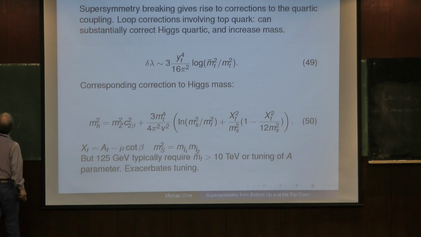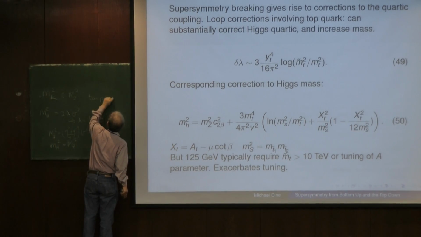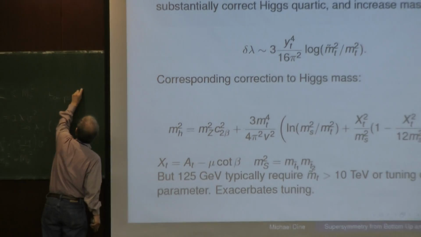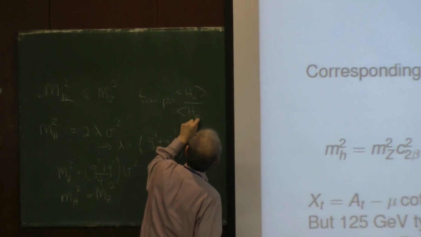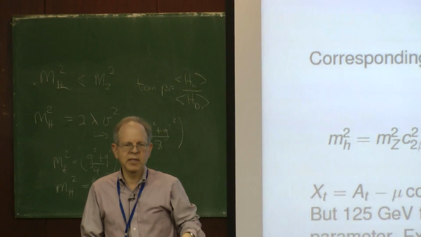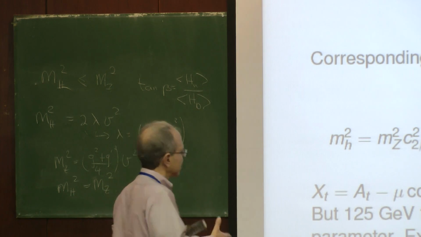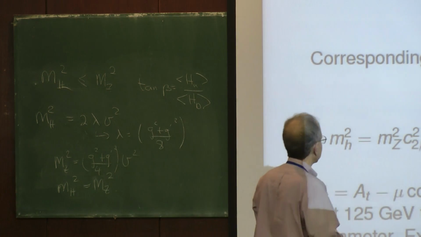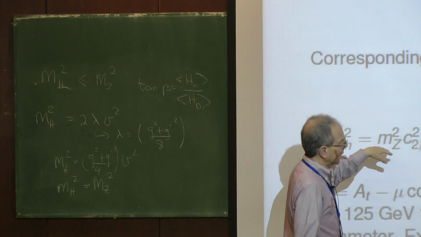Tangent beta is the ratio of the expectation value of h up to the expectation value of h down. In our literal decoupling limit, this is infinite. So in a realistic version of that, we expect it to be large.